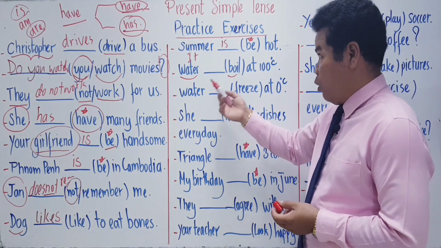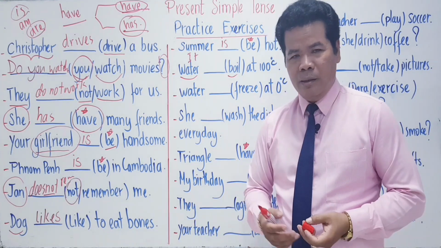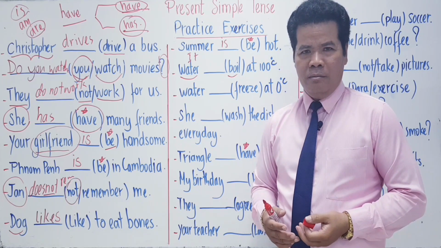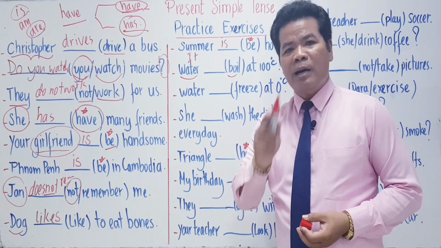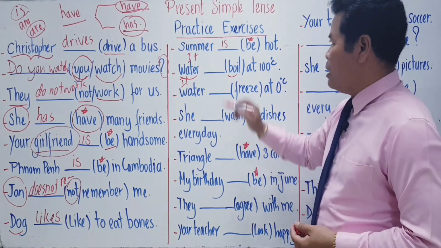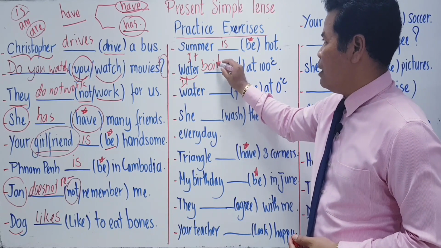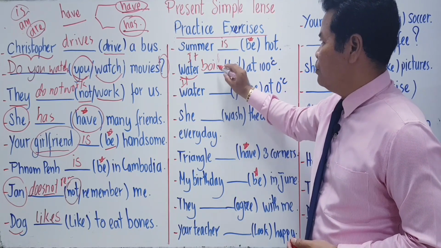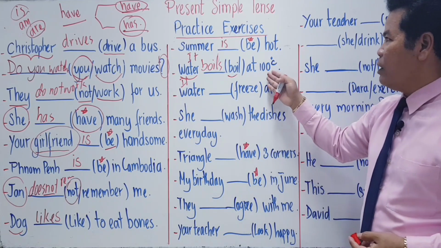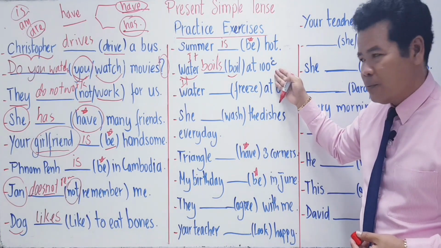Can you say water like I, he, she, we, you, they? No. The pronoun that stands for the noun water is "it." That's why boil has to be added as S. Water boils at 100 degrees centigrade or degree Celsius.